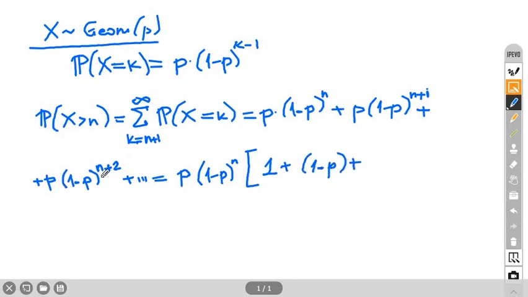In the next term I will have (1 minus p) squared, plus etc.